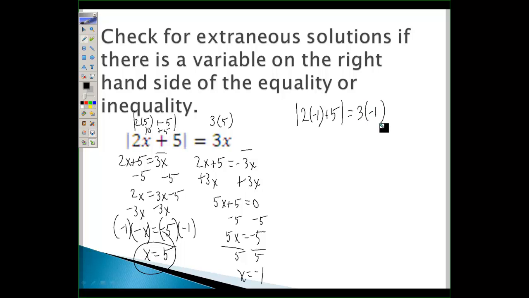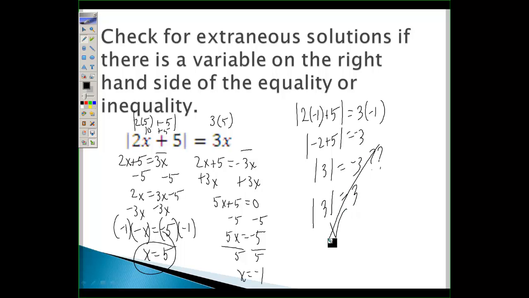Let's find out here. -2 plus 5 equals -3. The absolute value of 3 is equal to -3. Is that a true statement? No, it's not. Anything in the absolute value should equal a positive number, because distance from 0 will always be positive. So this would be no-go. It's no good. This is not really a solution. It's extraneous. It does not fit our original equation.